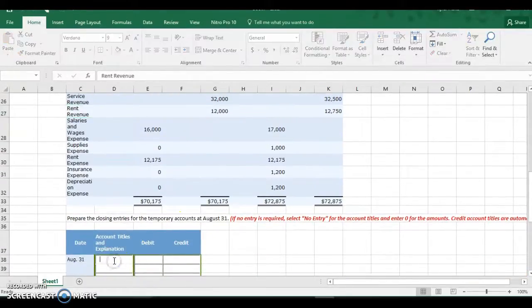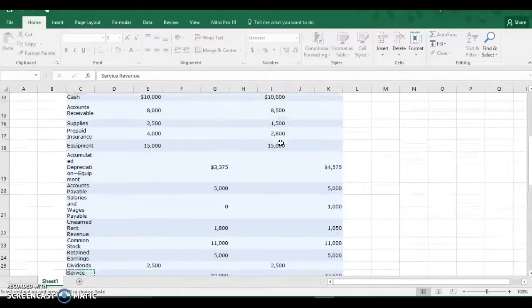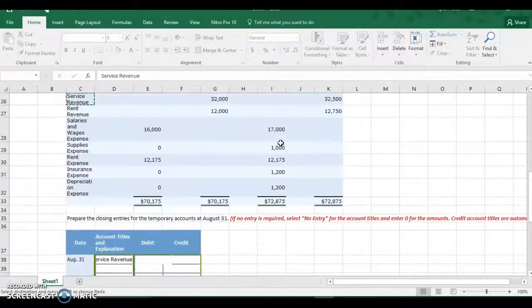So let's go ahead and put in, I'm just going to copy and paste it for the sake of time. Service revenue goes in there, and like I said, we are going to debit it 32,500. Next, we have rent revenue, and we're going to debit that one 12,750.